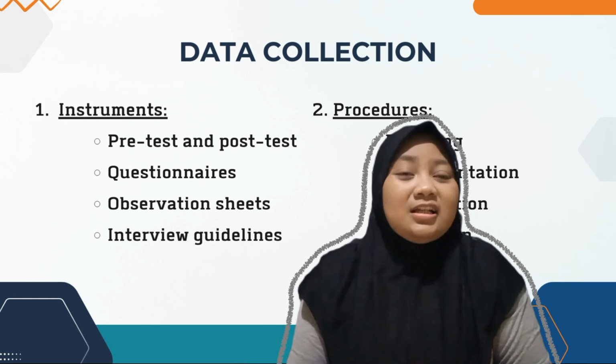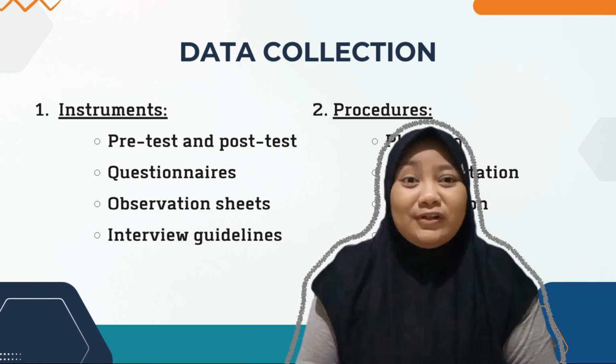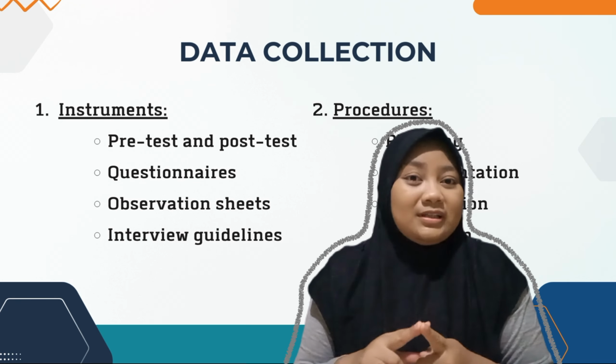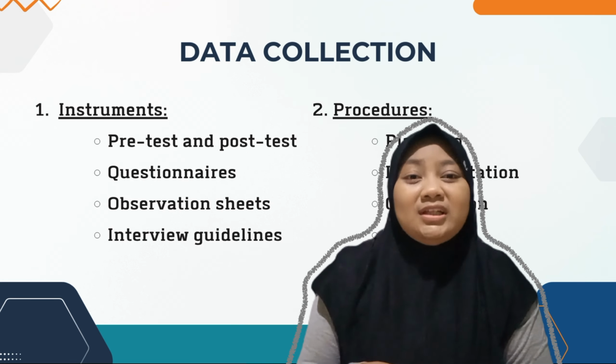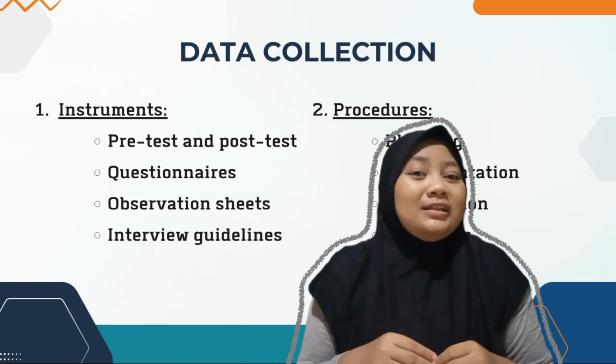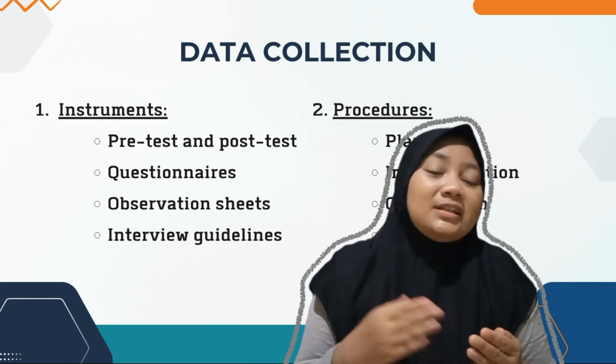Next part in the research method is data collection. There are two instruments and procedures. For instruments, pretest and post-test. These assessments will measure students' grammar proficiency before and after using the BUSU application to determine the extent to which the application improved their grammar skills.